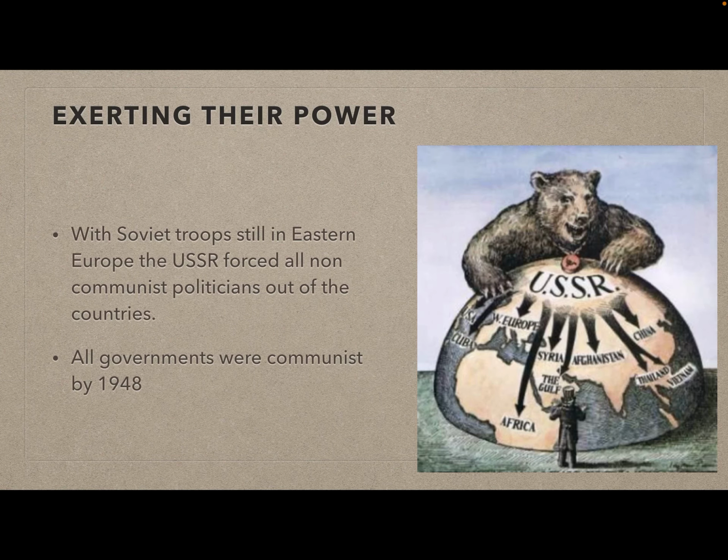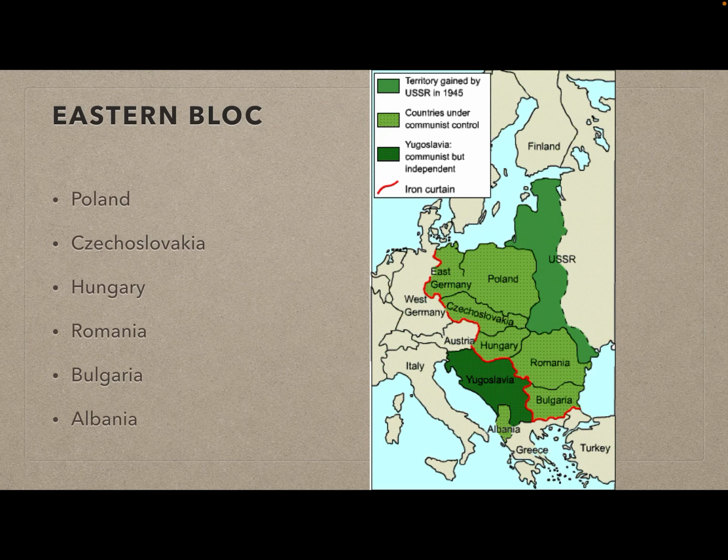With Soviet troops still in many of these countries from the war with Germany, the USSR forced non-communist politicians out of the countries, and by 1948, communist governments under the influence of the USSR were running most of the countries in the Eastern Bloc, or this buffer zone. The countries of the Eastern Bloc included Poland, Czechoslovakia, Hungary, Romania, Bulgaria and Albania, all of which you can see there in that light green colour.